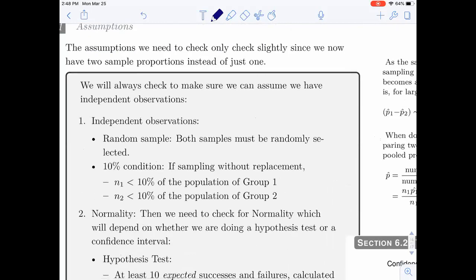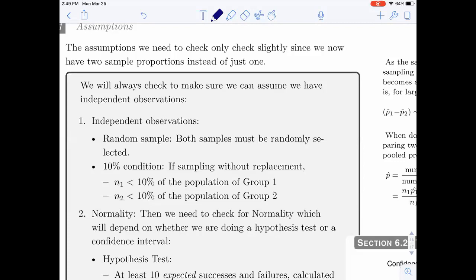All right. So like I said, our assumptions, we just have to basically double up because now we've got 2 samples that we need to check. And there's a mega typo and a little typo on here, so stay tuned. We're still going to check independent observations and normality. These assumptions are always going to be the same regardless of if we're doing a confidence interval or hypothesis test, so same deal. But then the normality is going to depend on, are we doing a hypothesis test or a confidence interval?